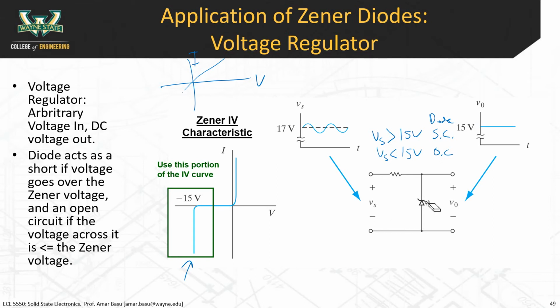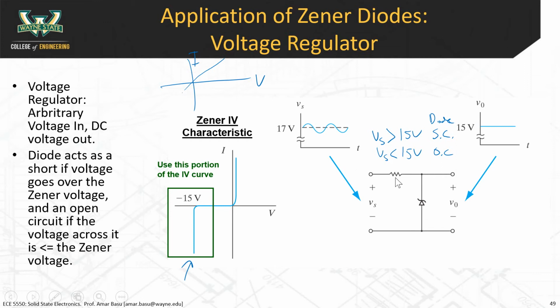So imagine the Zener diode like it's just turning off and on, off and on. Whenever the voltage here is greater than 15 volts, the Zener diode turns on and all the current shorts through there. It shunts all the current. And when it's less than 15 volts, it's open-circuited. So the net effect is that it ends up clamping the voltage right at 15 volts, the reference voltage of the Zener diode.